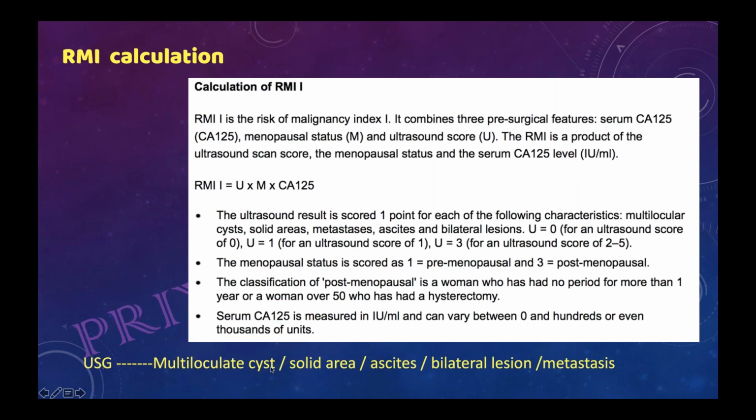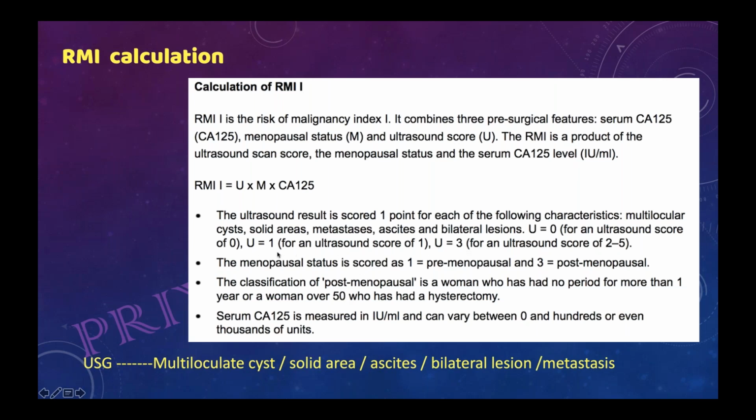If you have 2 criteria, 3 criteria, 4 criteria, or all 5 criteria, the ultrasound score in all of these situations will be 3 only. So there are 2 scores: U1 for one criterion, and if it is 2 or more than 2, then it will be U3 only.